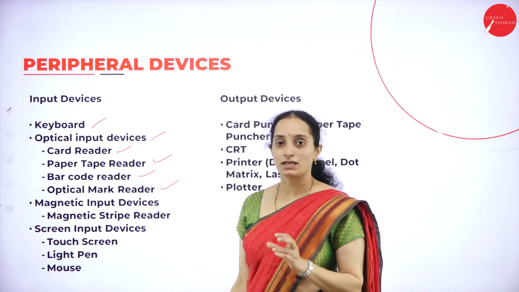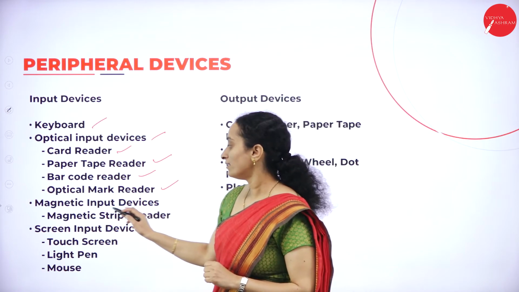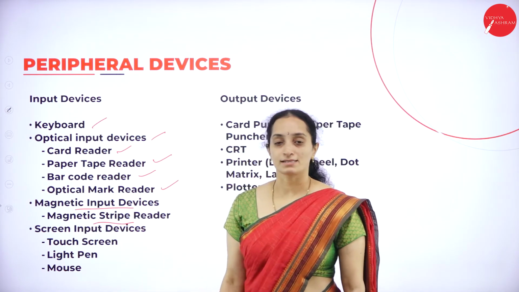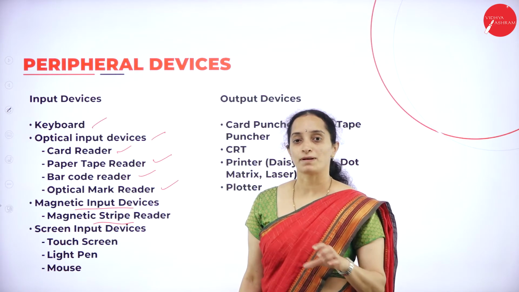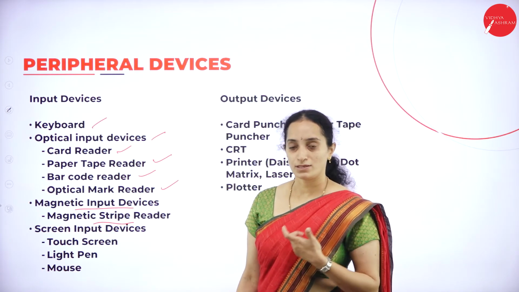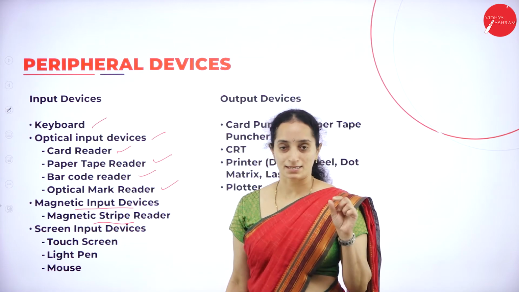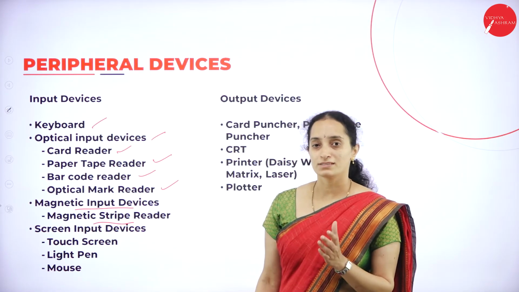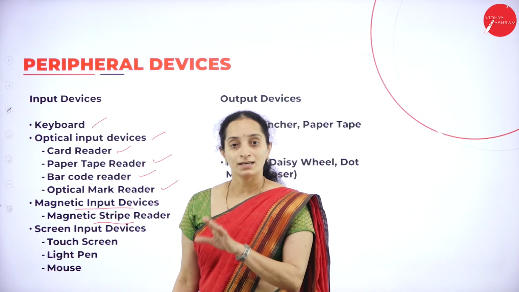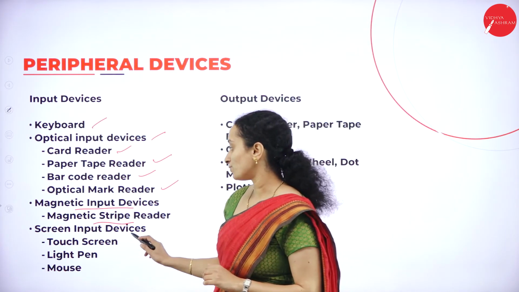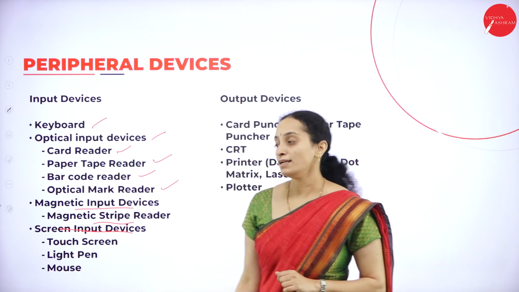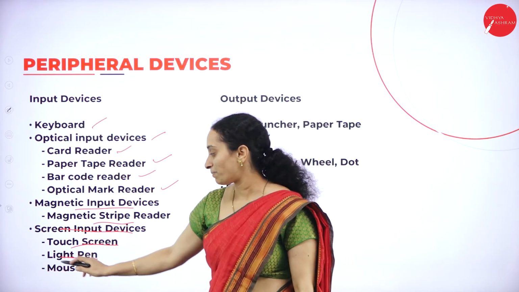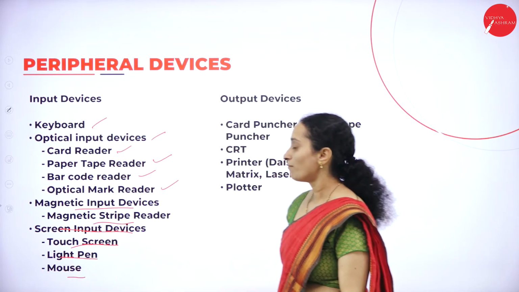Then we have magnetic input devices, like the magnetic stripe reader, similar to the cassette in a tape recorder. The magnetic stripe reader is within the CPU and will not be visible to you. Then we have screen input devices: the touch screen, light pen, and the mouse.